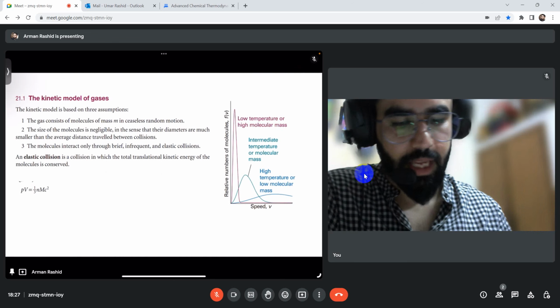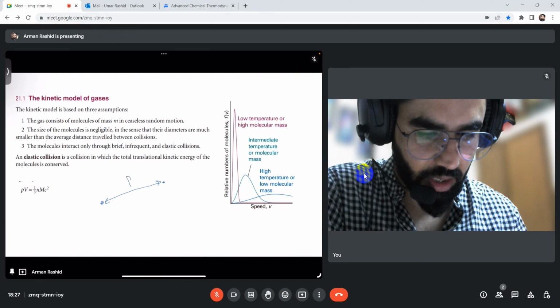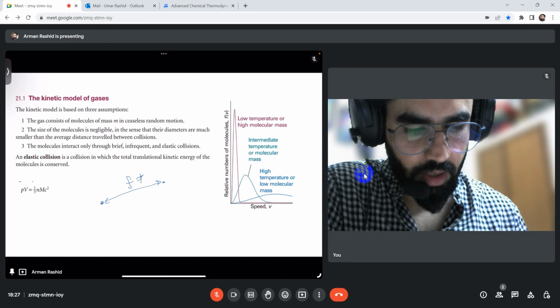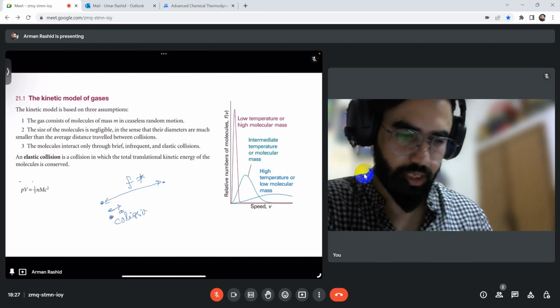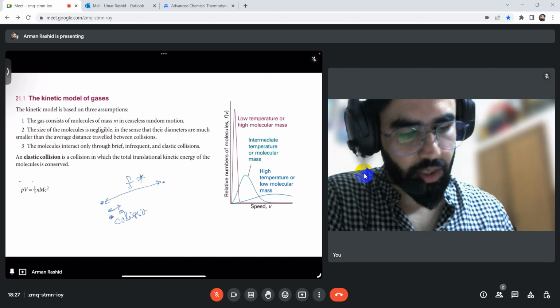So the kinetic theory of the gases considers the gas molecules as point particles which are very far from each other and have no force of interaction acting on them, and they only interact with each other once they undergo collision. All the collisions are elastic, that means no energy is lost; the total kinetic energy of the molecules is preserved.